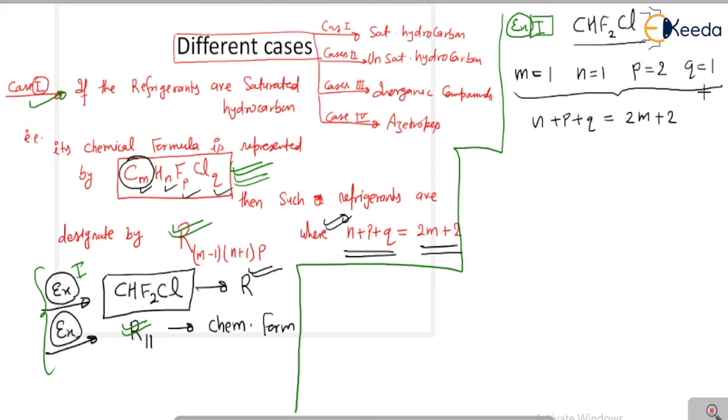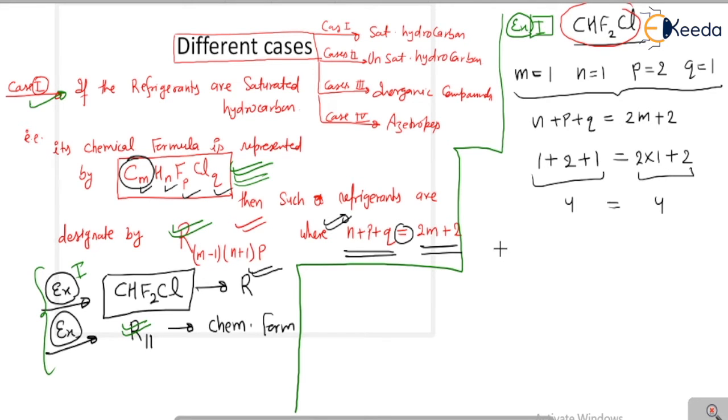The value of n is 1, p is 2, and q is 1, which equals 2 times 1 plus 2, so the total is 4 on both sides. That means this equation is satisfied, so we can easily convert this chemical compound into this form.